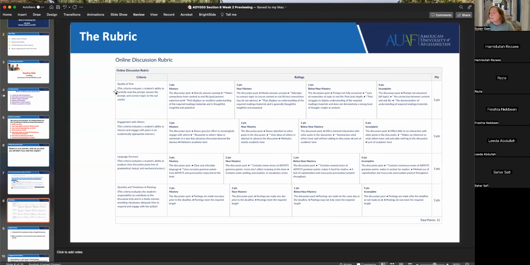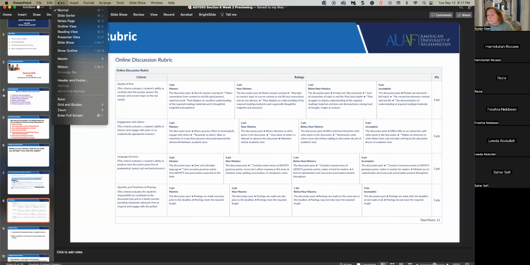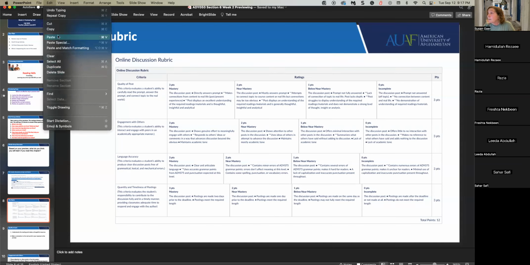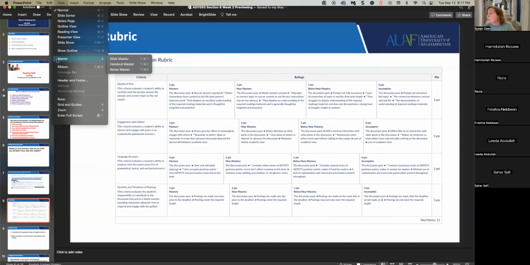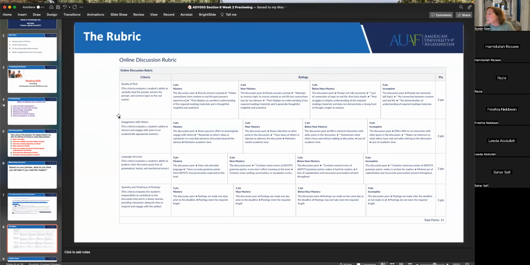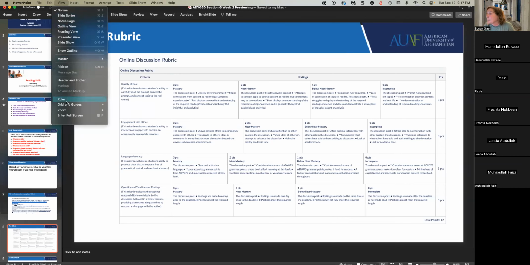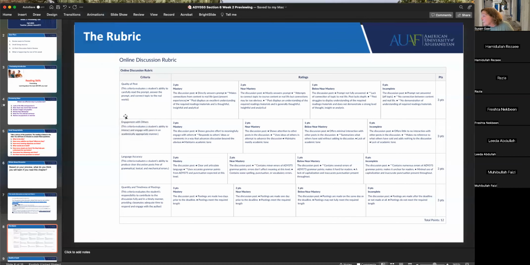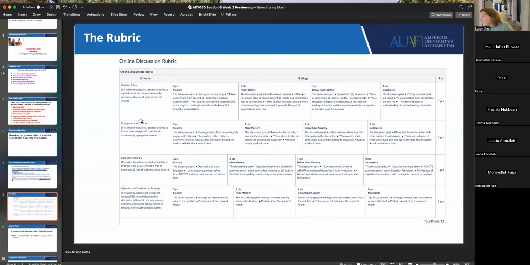Okay, this is really small, but it's also on the Canvas class. Let me see if I can make this a little bit bigger for you guys. Here we go. Where is the view? Oh, here it is. Zoom in. Is that better or not? No, that's not better. Can you read that at all? No, ma'am.